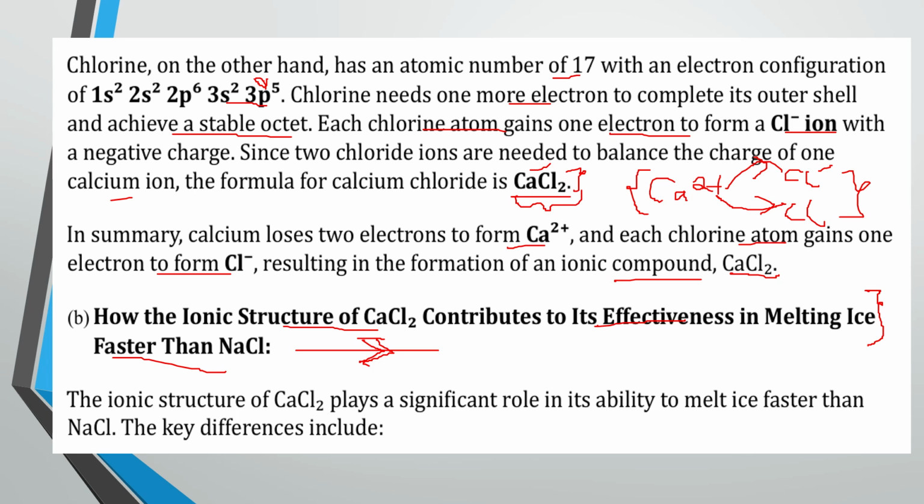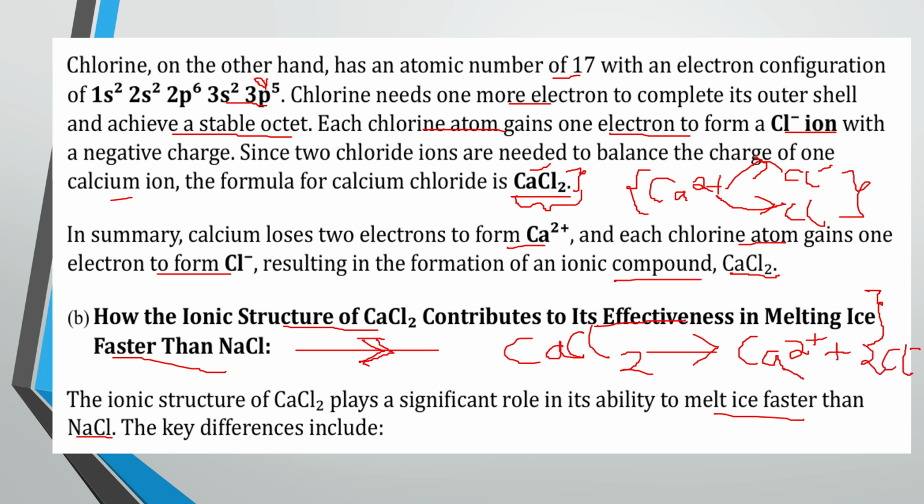So we're going to say that the ionic structure of calcium chloride plays a significant role in its ability to melt ice faster as compared to sodium chloride. Now here, a hint is that remember we told you that these ionic compounds tend to dissociate. If calcium chloride dissociates, we form one calcium ion together with two chloride ions.